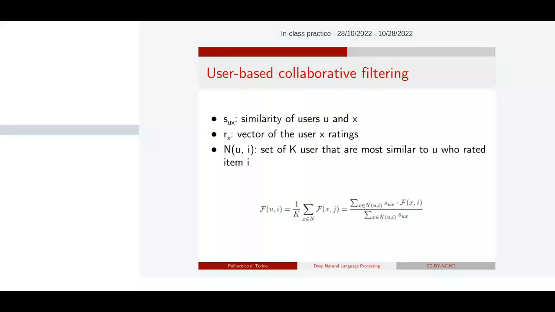So here is the formulation, where the function here is the set of k users that are most similar to the target user who have already rated a particular item called I. This is the user-based scenario.